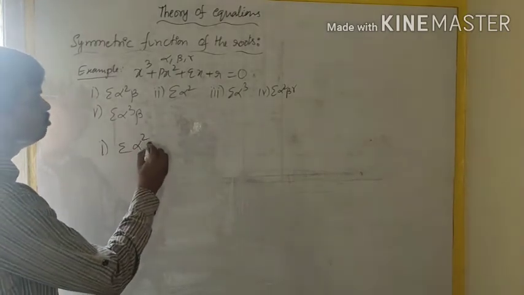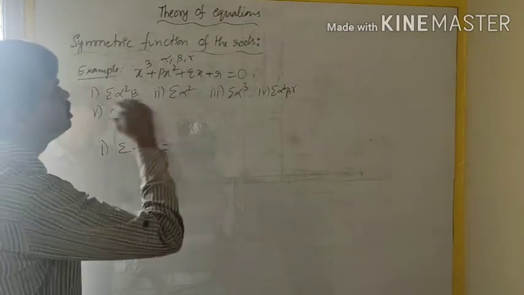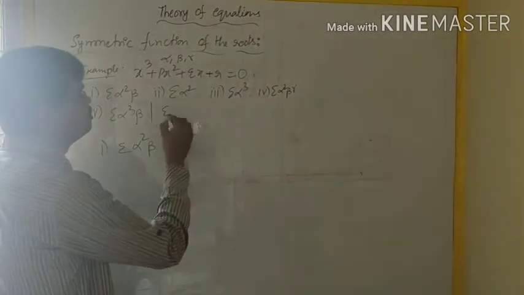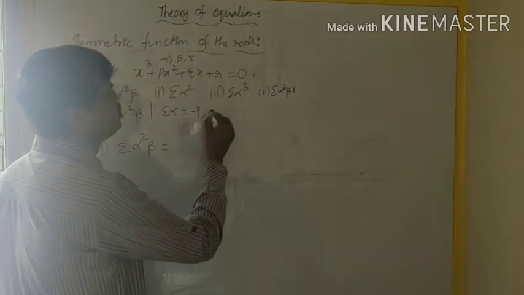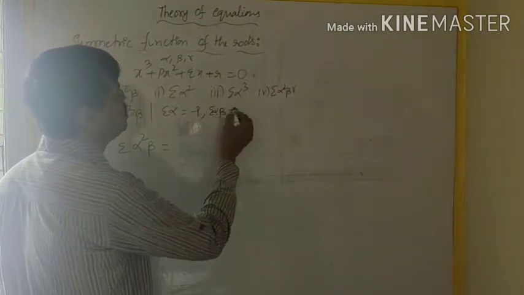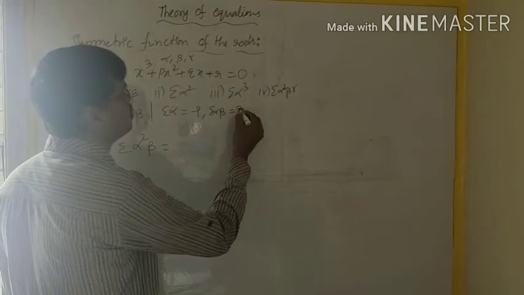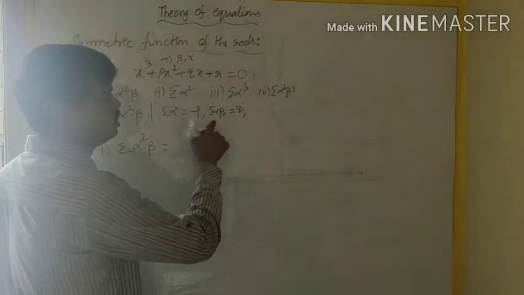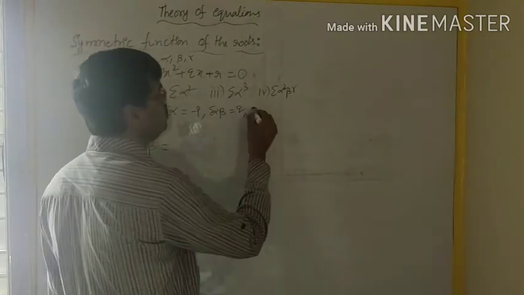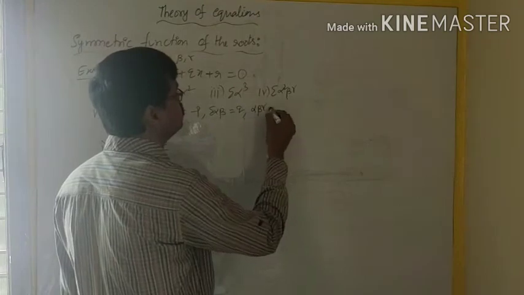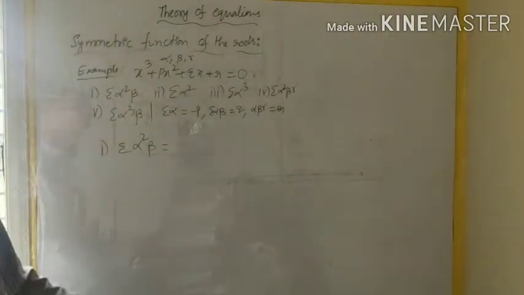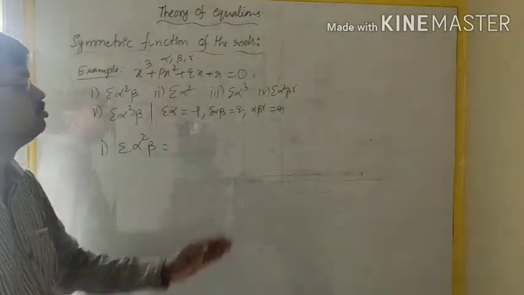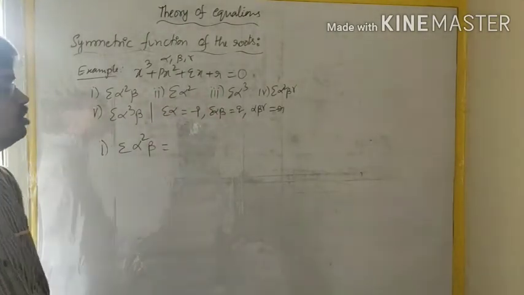From this equation you will get sigma alpha, that is alpha plus beta plus gamma, is minus p. Sigma alpha beta, that is alpha beta plus beta gamma plus gamma alpha, is q, and alpha beta gamma is minus r. Okay, so minus d by a, c by a, minus b by a. Based on that.